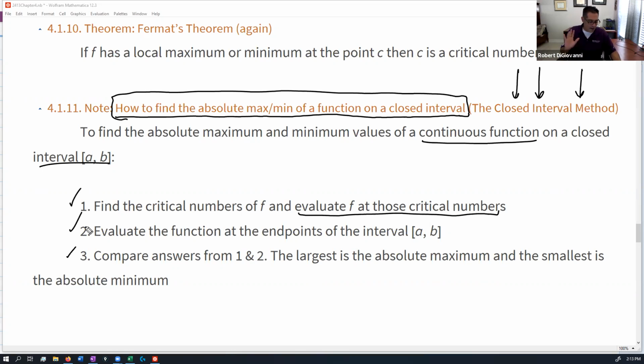Like anything else in math, I think it's best if we just do an example. Once you do an example, things become a little more clear. You ready?